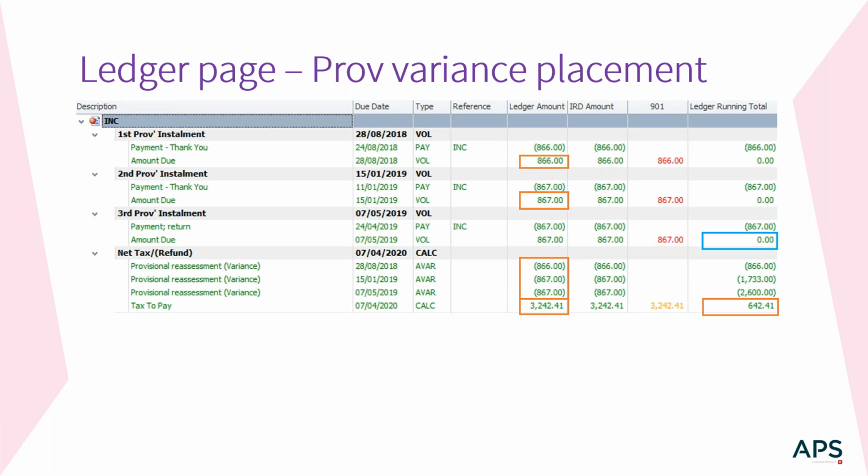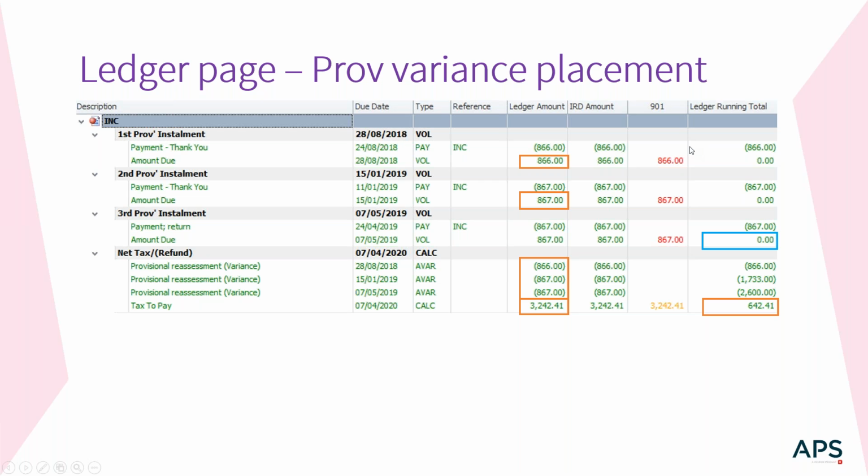But you can edit that and change that to any of the other ledger accounts. As I say, the net effect is still the same balance. It just means that in some cases where the instalments are zeroed out, you can effectively get potentially a net zero balance for your provisional instalments.